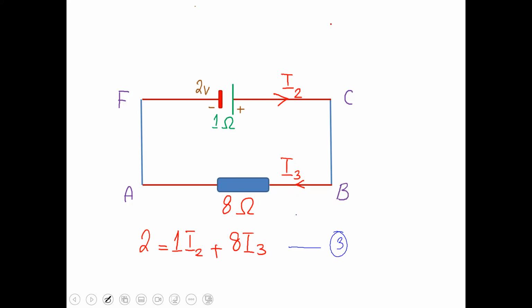Then if you want to copy, you can. This is 1 ohm, it is connected with I2. This is 8 ohm, it is connected with I3.